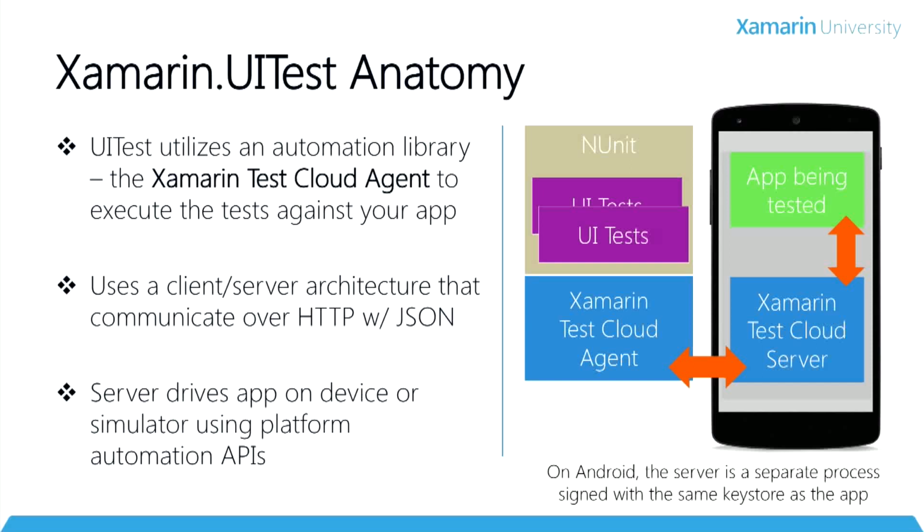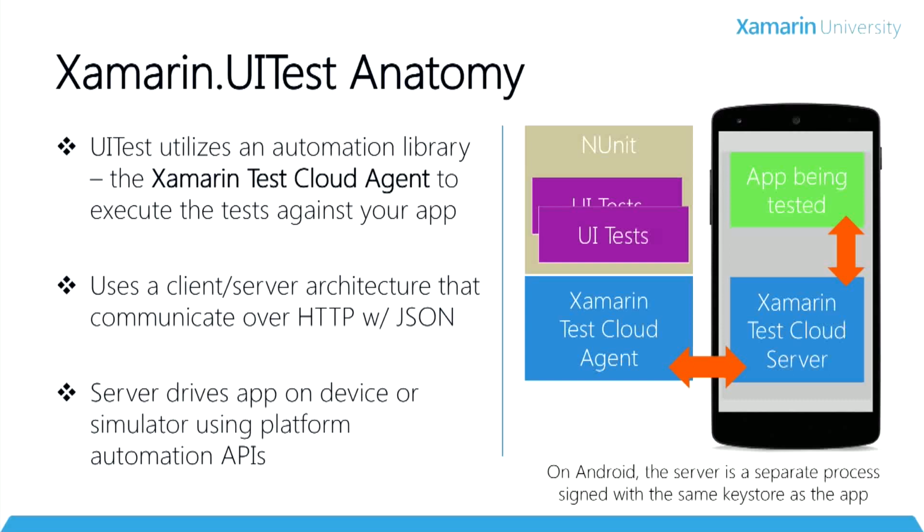This automation library has two parts to it: a client, which is utilized by UITest itself and is part of your test class library, and a server, which is actually run on the device or simulator and performs the automation activities using the platform automation APIs. These two sides communicate through a network connection established between the client and the server components.